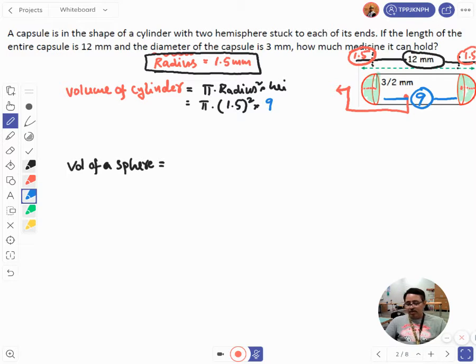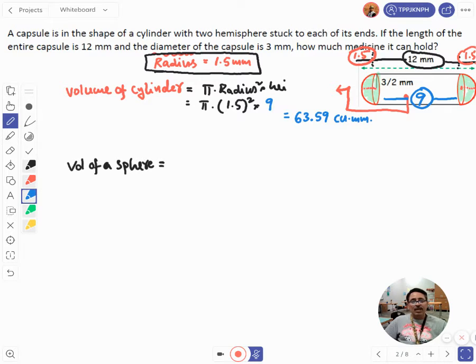It is 3.14, which is pi value, times radius square is 1.5 times 1.5 times height is 9. So that is giving me 63.585. I am rounding this to 63.59 cubic millimeters.